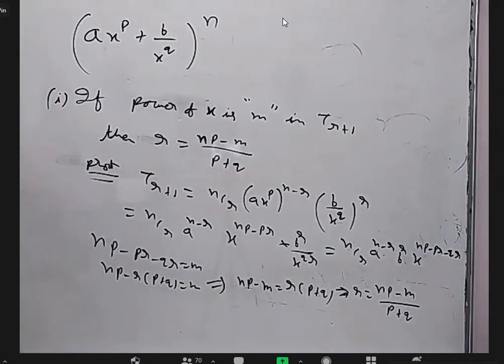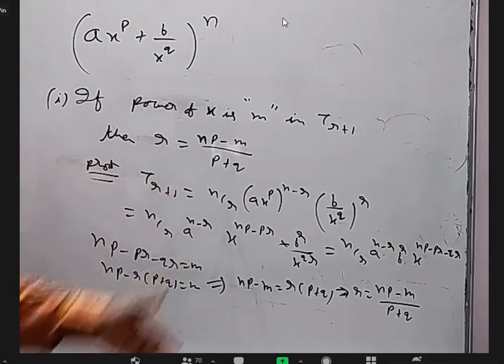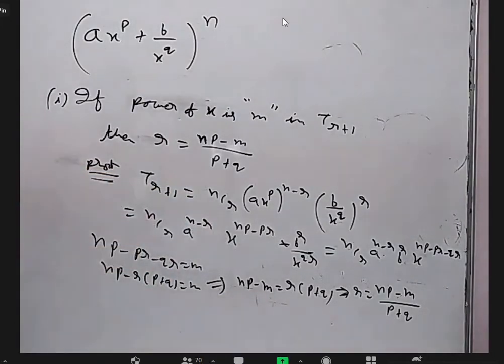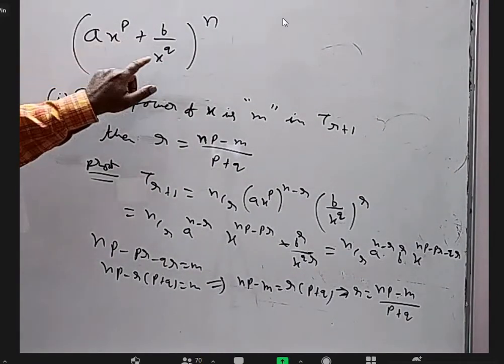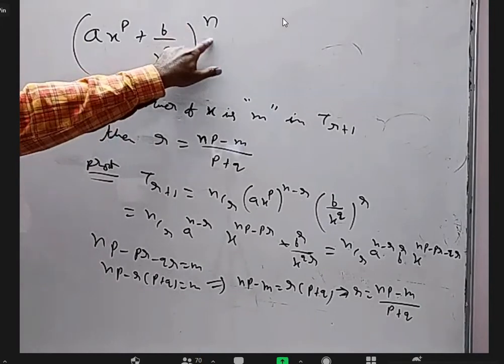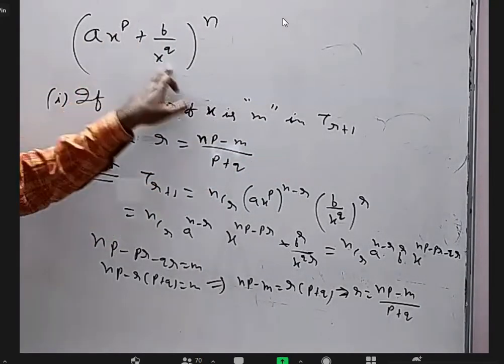Okay, so this is a formula. Sometimes it will save time, but otherwise this is the process we follow: you find the general term and equate to whatever power you wanted. But the power of x in the numerator is p here and the power of x in the denominator is q here. So you take n into p minus whichever power you wanted, divided by p plus q.